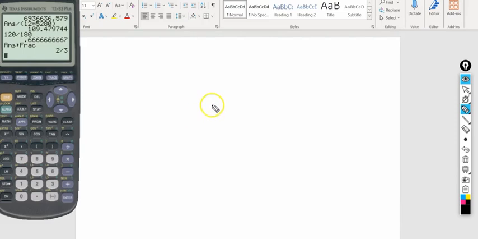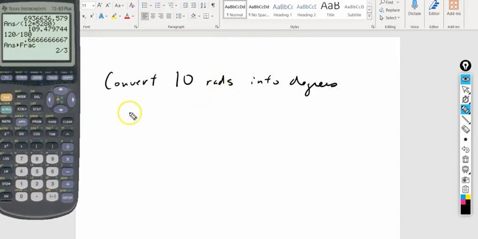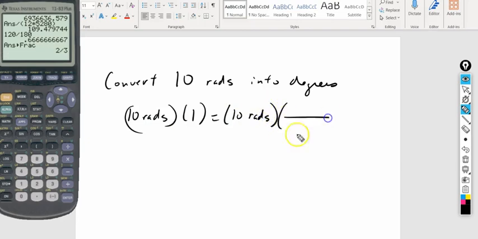What if you have something like convert 10 rads into degrees? You still want to get rid of rads. So you're going to want the fraction where the rads are in the bottom. So that's what we're going to use.